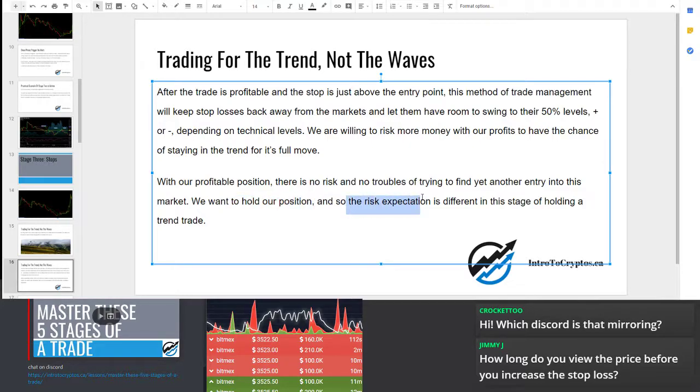And so the risk expectation is different at this stage of a trade than at the very beginning. At the very beginning, everything is risk avoidance, risk minimization, risk control. Rule number 1, rule number 2, change the position size. But after the trade is profitable, now we are proven correct. This is the time to increase your risk, actually.